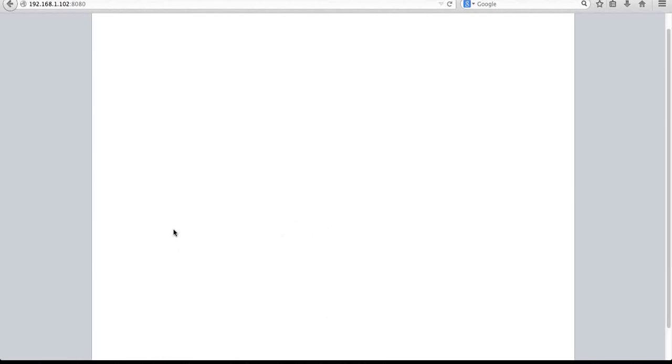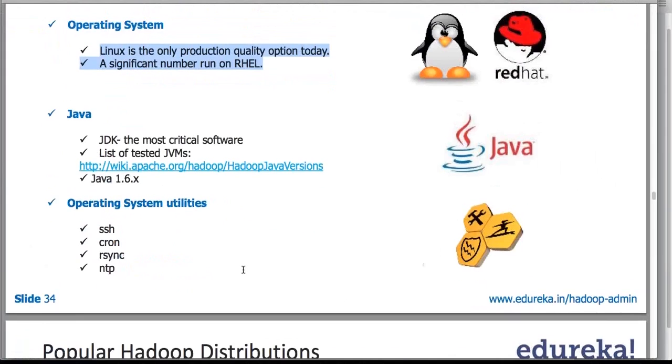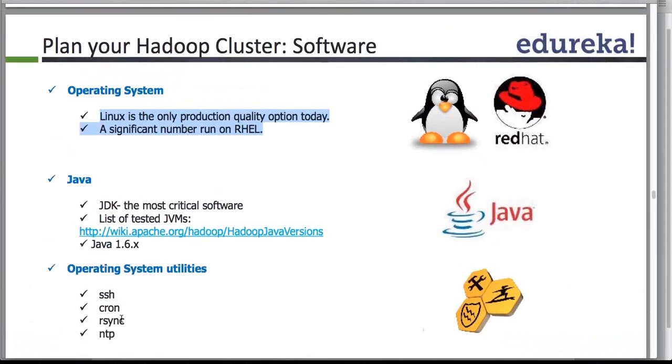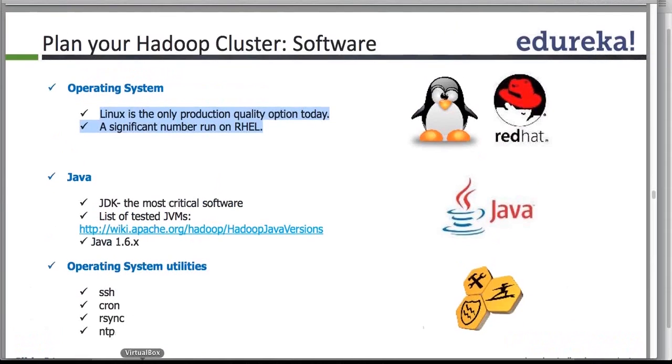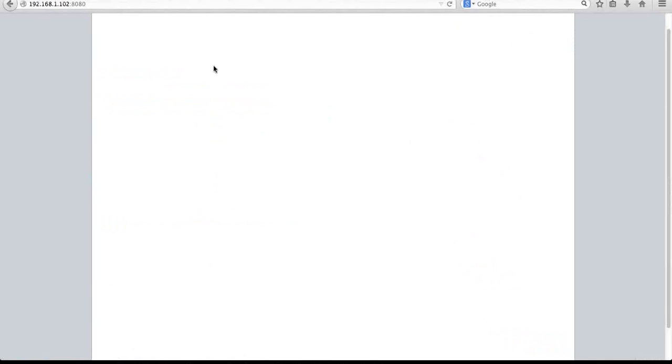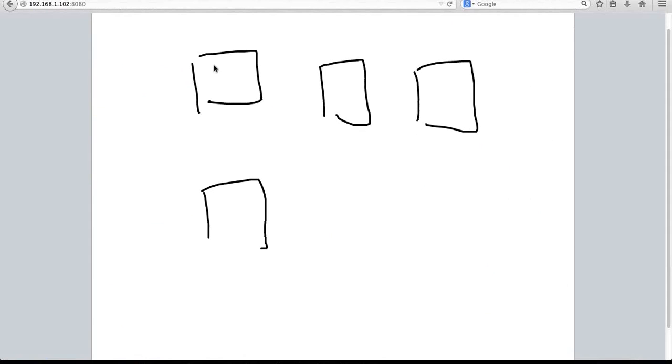We go with SunJDK. I will have some operating system utilities like SSH, which we have seen, cron jobs, rsync, and NTP. NTP is Network Time Protocol. Why is Network Time Protocol important? I should be running my entire cluster with the same time. Let's say I have 1000 nodes; all 1000 nodes should have the same time.